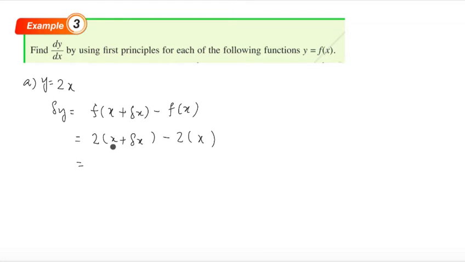Now, expand it. 2x plus 2 delta x minus 2x. 2x minus 2x no more, so 2 delta x. Now I want delta y over delta x over there, so you get 2.